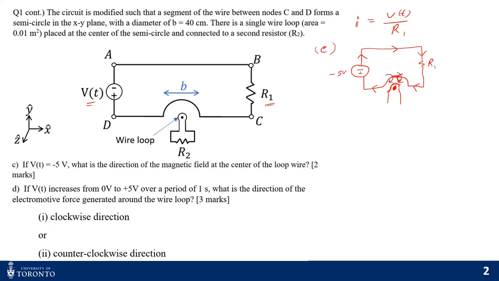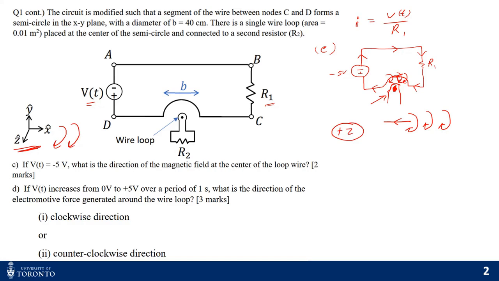For a current carrying wire on the left, you will have a magnetic field curling up like this. So the direction of the magnetic field at the center of the loop, at this position, is in the positive z-axis direction according to this convention, because the magnetic field loop is like this. So therefore it's in the positive z-axis direction.